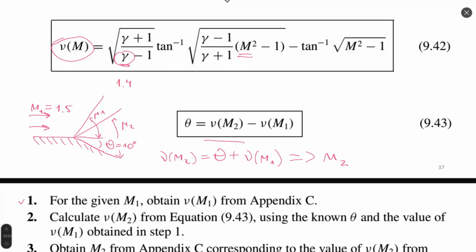According to Appendix C, nu of M1 would be equal to 12 degrees, and my mu1 would be equal to 42 degrees. I will not use mu1 in my further calculation, but this is important information to draw the flow structure.